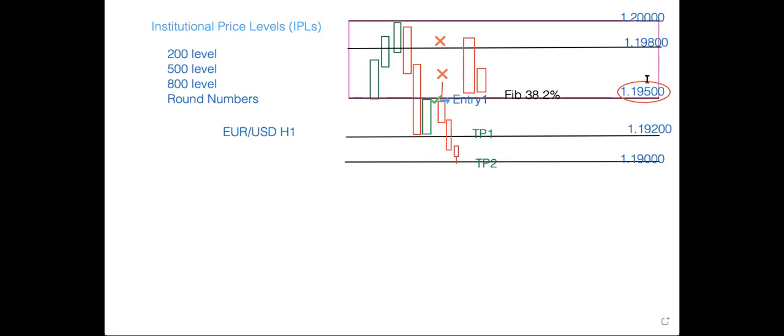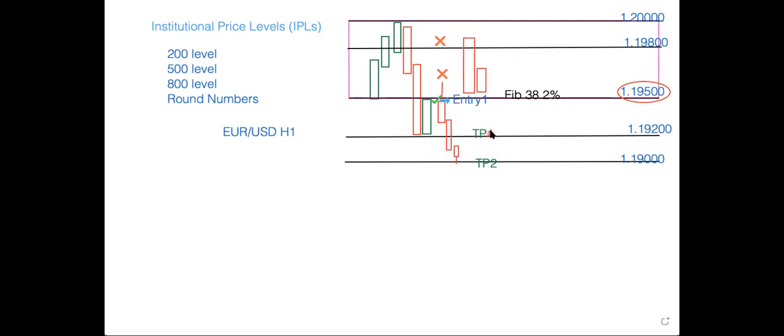Normally the IPL reaction is there, and at least to be on the safe side, for example, if 38.2% Fibonacci is showing at 19,450, then don't put a stop loss there. For example, I'm telling you, this is the stop loss, you moved it here, right? So you reduce the risk this much.